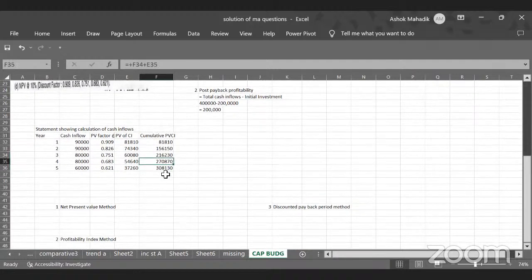Okay. Now the first formula is the net present value method. The formula for this is total PVCI, that is present value of cash inflows, minus initial investment.